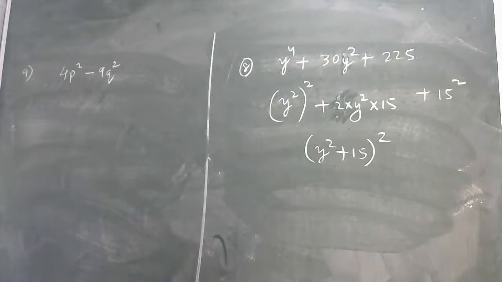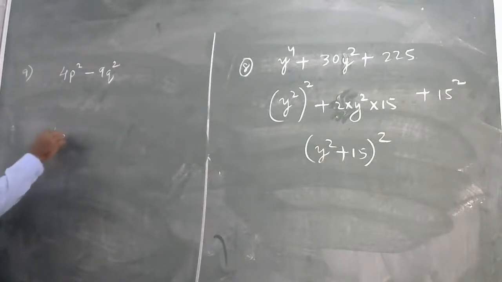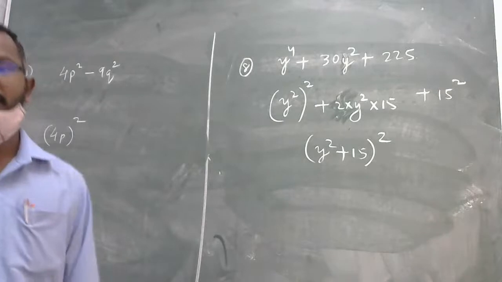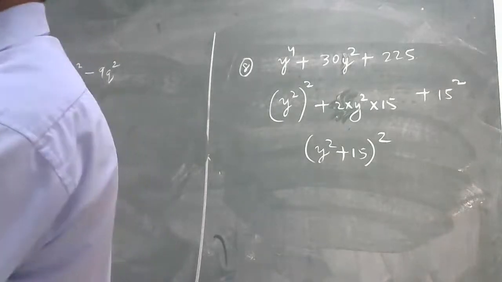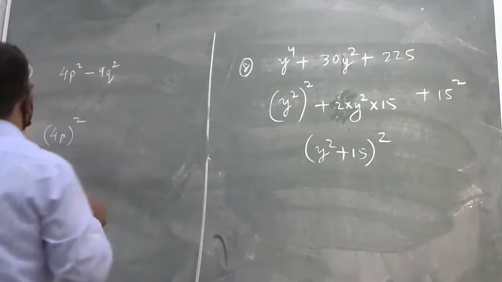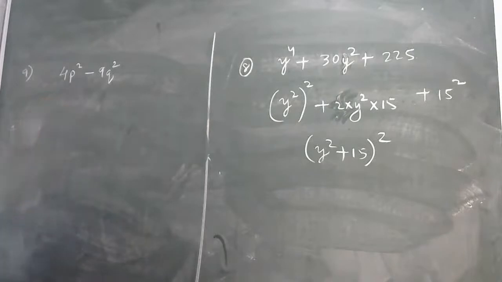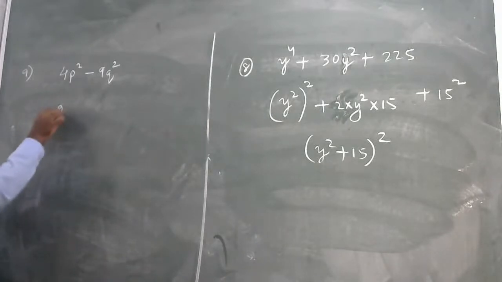We can write it as a square of 2 and 3. Suppose if you take 4p square, what will happen? It is 4p into 4p, you will get 16p square. But we don't have 16p square there, we are having 4p square. So you have to write this as 2p whole square.